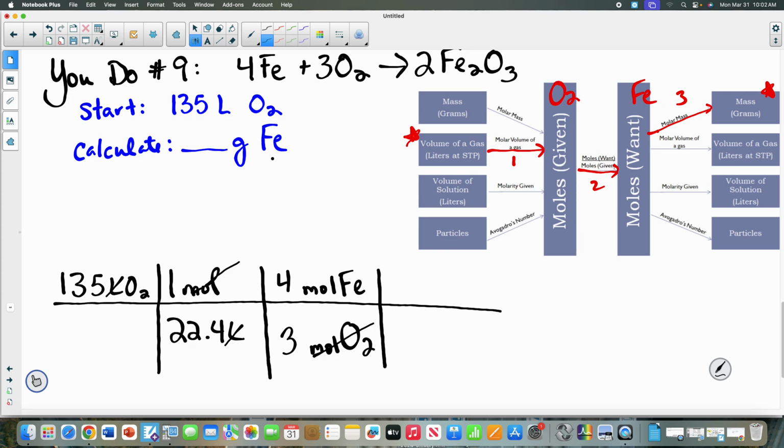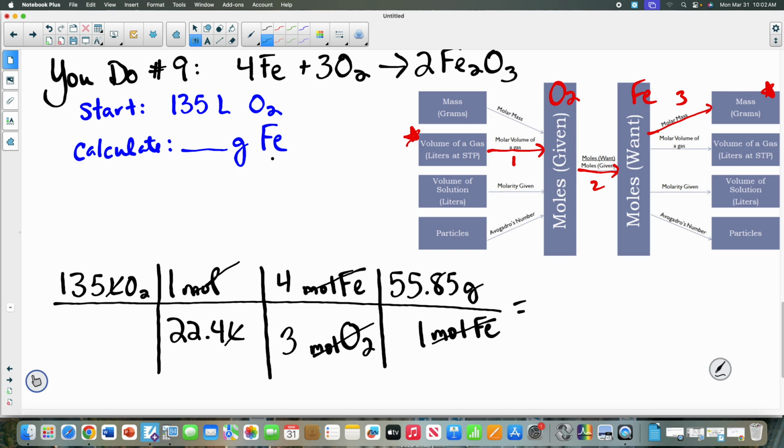Okay, and then last step is grams, so I need molar mass of Fe, which Eliana has memorized. 55.85 grams per 1 mole Fe.